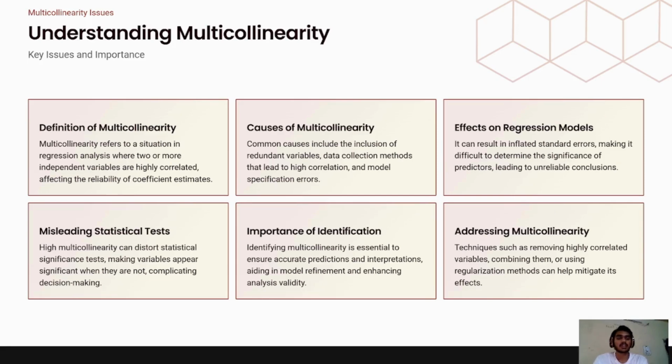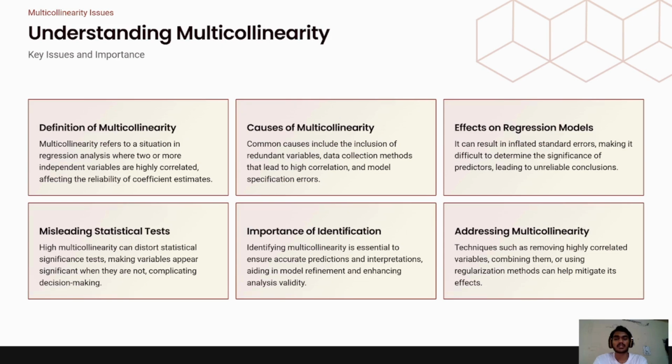It can result in inflated standard errors, making it difficult to determine the significance of predictors, leading to unreliable conclusions. Misleading statistical tests. High multicollinearity can distort statistical significance tests, making variables appear significant when they are not, complicating decision making.